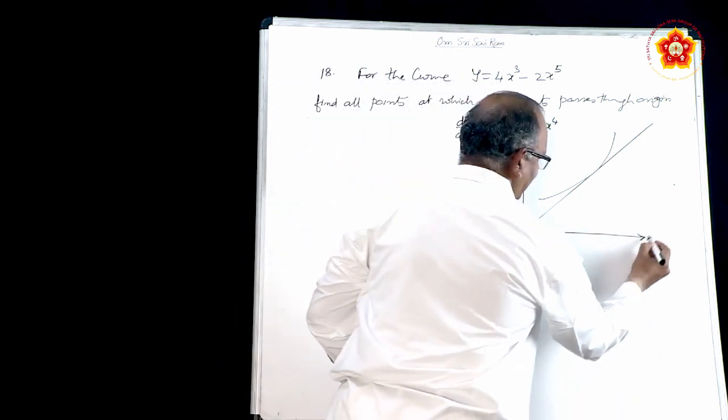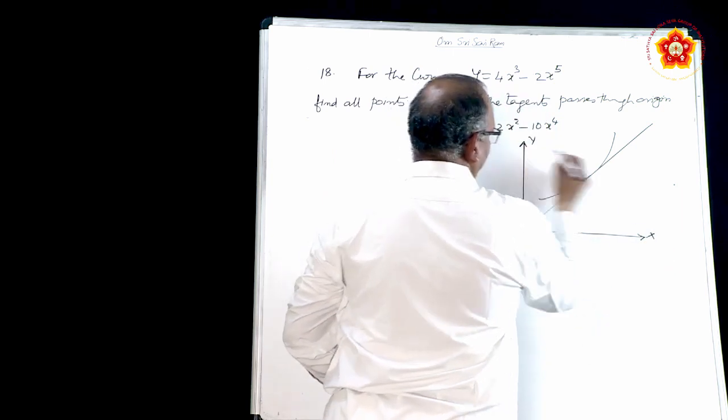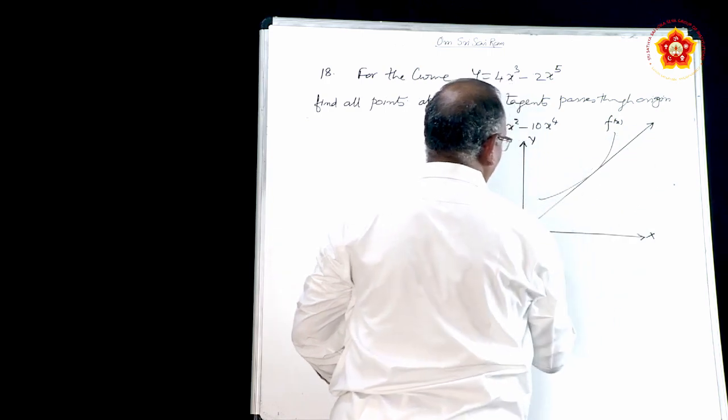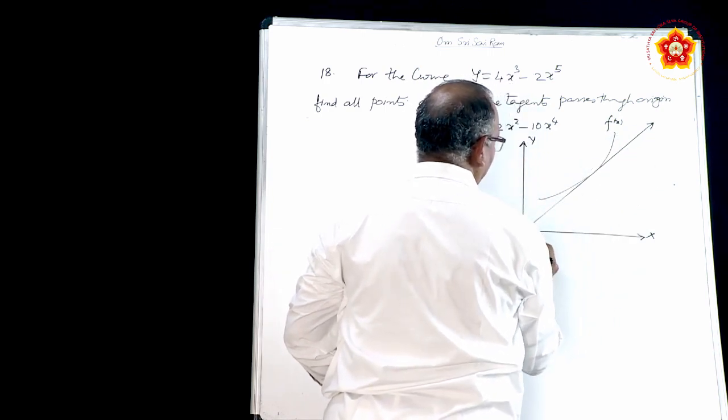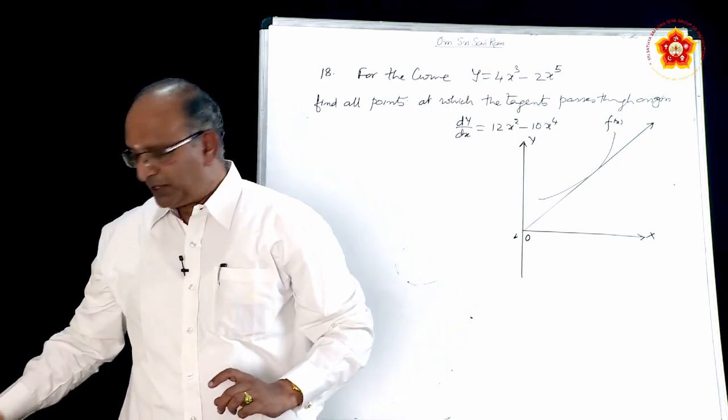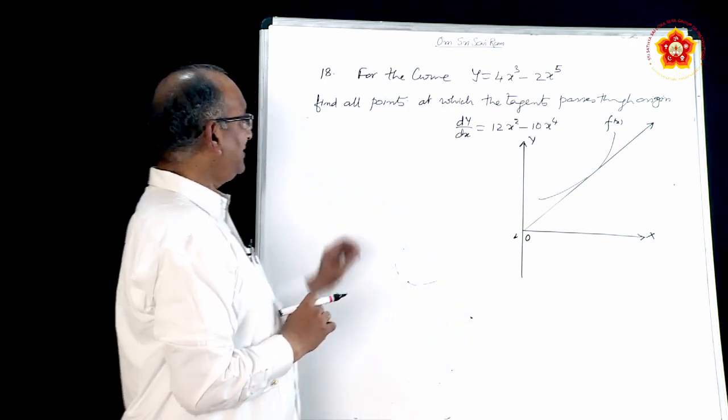If you take x-axis, y-axis, this has the function f(x), this has a tangent line, we can see that it is passing through origin. This is the problem. Now read the problem, we will understand better.